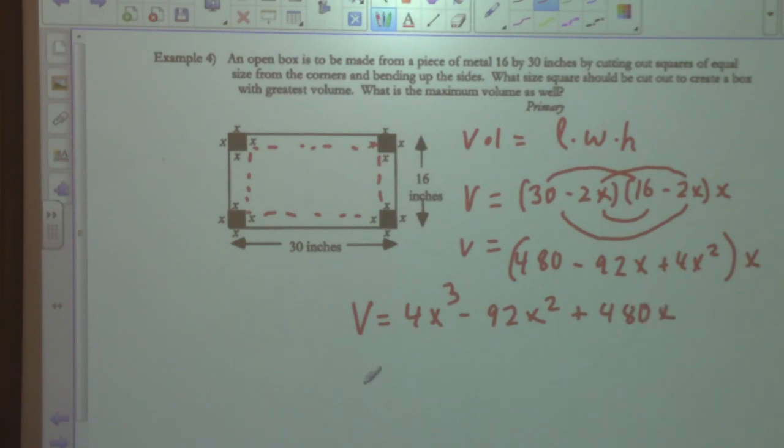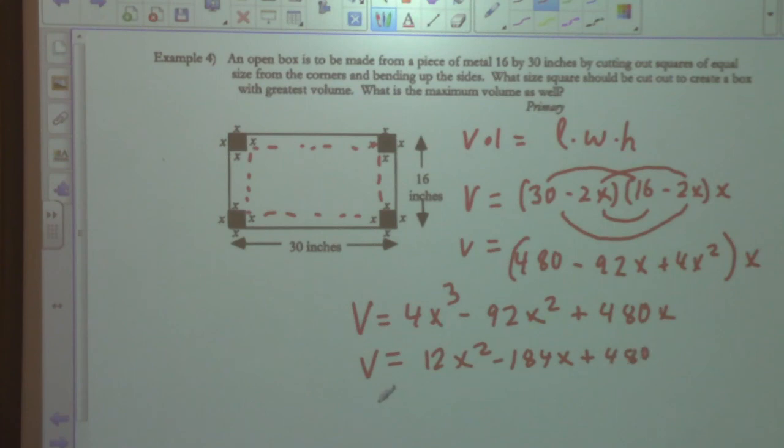And now, if we take the first derivative of this, what is our first derivative? Volume prime equals 12x squared, okay, good. Minus 184x, okay, good job. Plus 480.